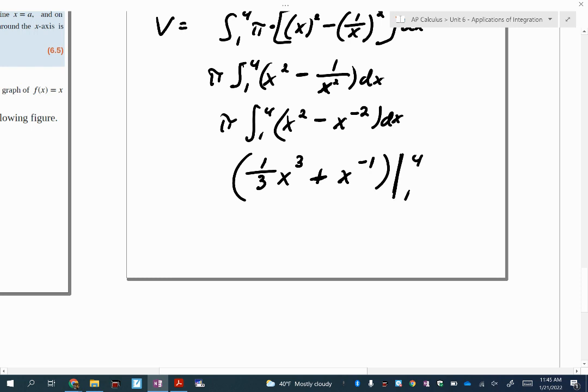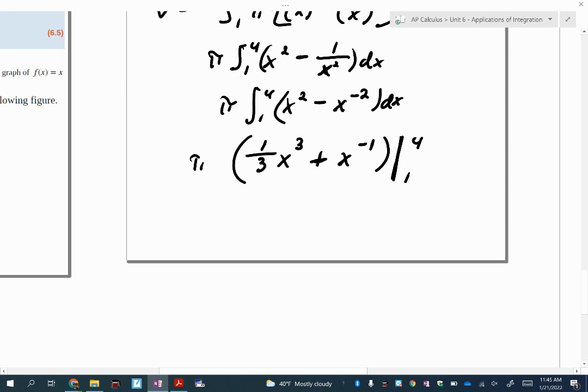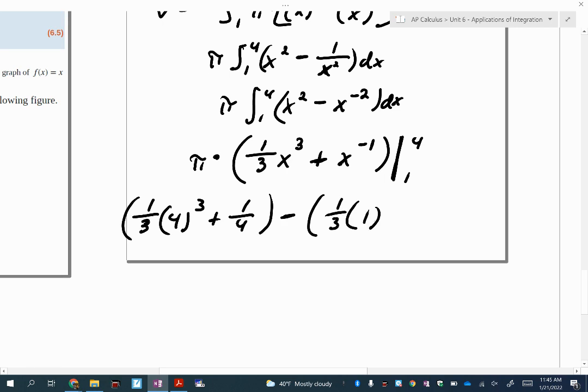So this is my antiderivative evaluated at 1 and 4. Okay, so let's do that. Don't forget, we will multiply by pi at the end. So 1/3 times 4, let me write it like this so you can fit it all. 1/3 times 4 cubed plus 1/4, right? Minus 1/3 times 1 cubed plus 1/1.